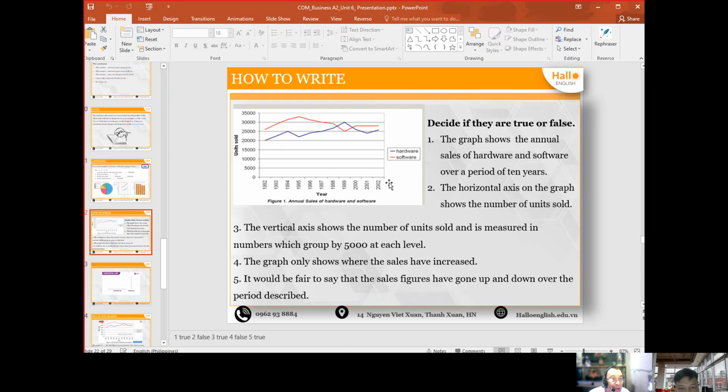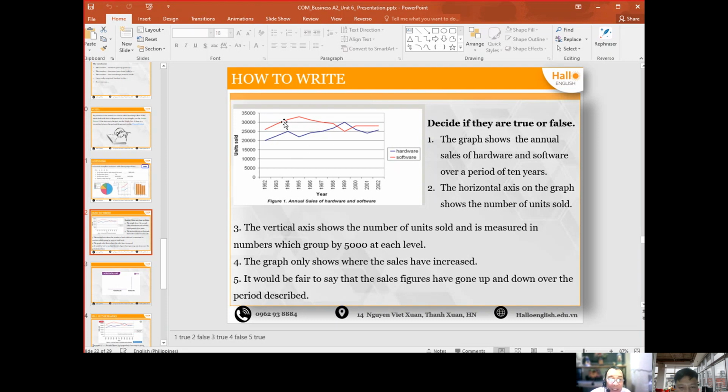Okay, but you should also look at the legend in here. The blue one represents the hardware, and the red one represents the software. Now, what is the situation? The graph shows the annual sales of hardware and software over a period of 10 years, which is also true because it shows hardware and software.